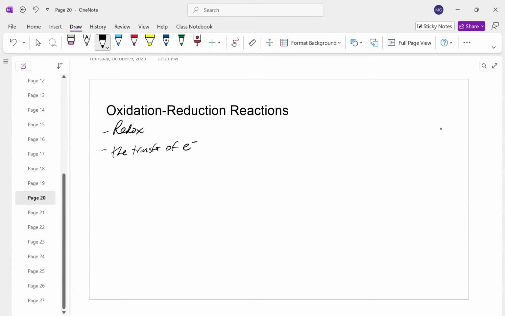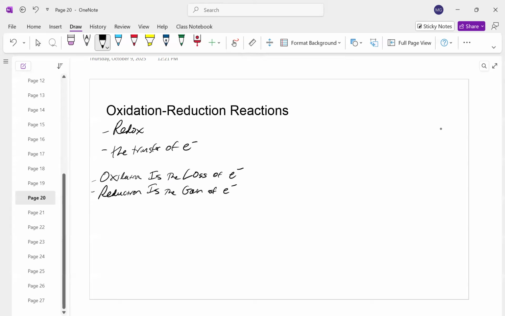So I kind of gave a primer of redox in lab, but I am going to go through a lot of the foundational concepts here. So oxidation is the loss of electrons, and reduction is the gain of electrons.